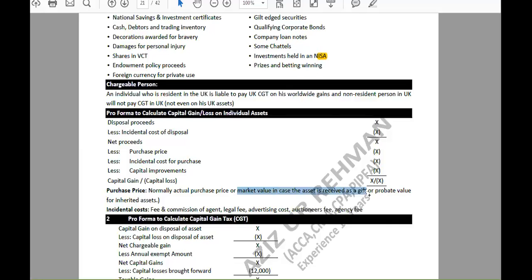So if you have received an asset as a gift, in that case, market value will become your cost. Next one is incidental costs. Friends, we have already discussed incidental costs.